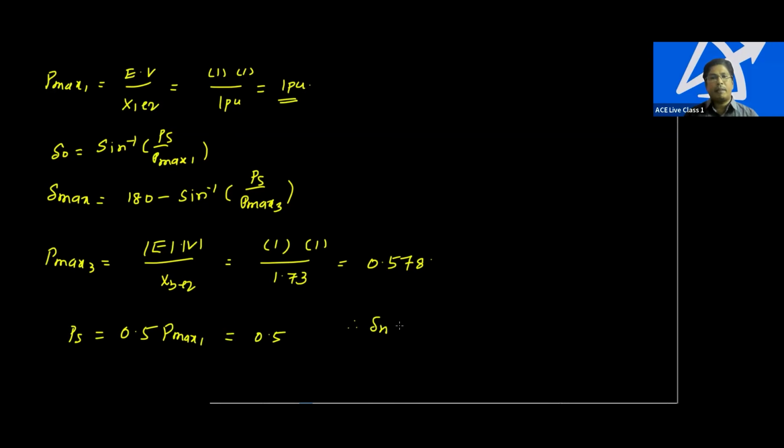Therefore, what is the value of delta max, students? Delta max is nothing but 180 minus sine inverse of PS, which is 0.5 divided by 0.57. How much is this? 180 minus sine inverse of 0.5 divided by 0.57.